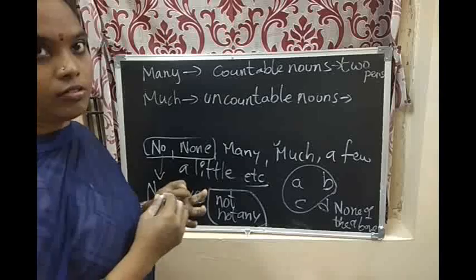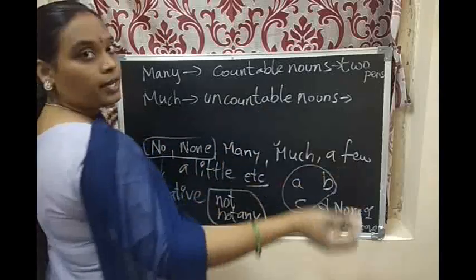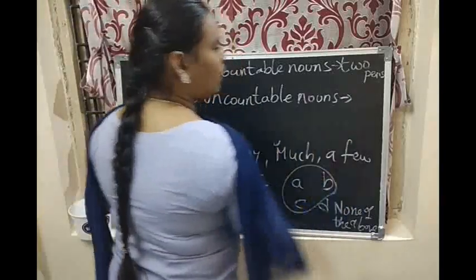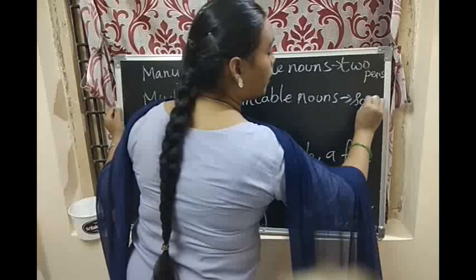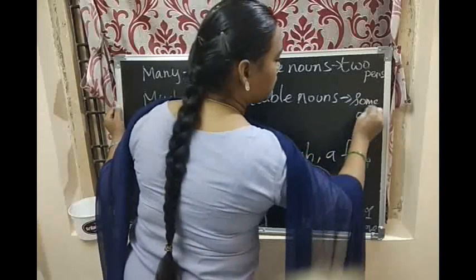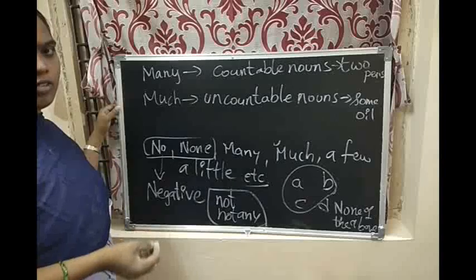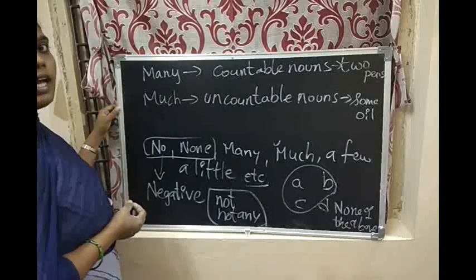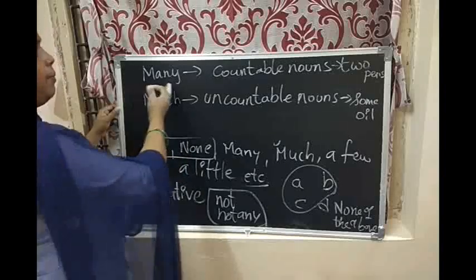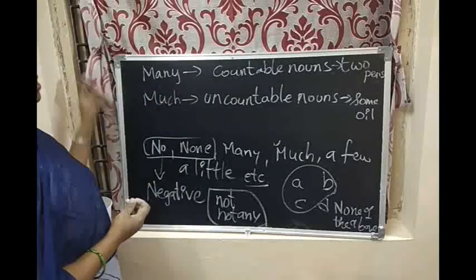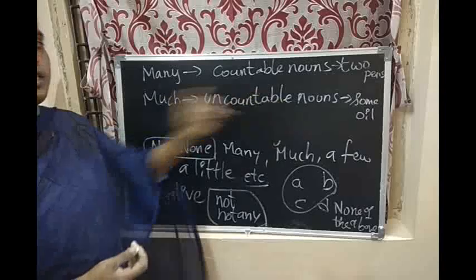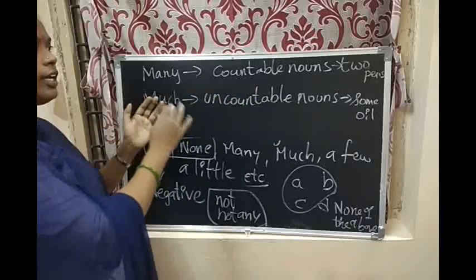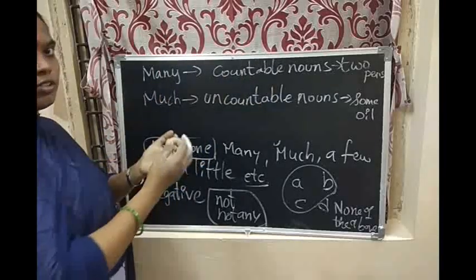There is some rice in the bowl. So uncountable quantity means some oil. Can we count that oil? Can we count rice? That's what much we can use before uncountable nouns. Many for countable nouns, so 2 pence. Much means some. These are indicating countable and uncountable nouns.